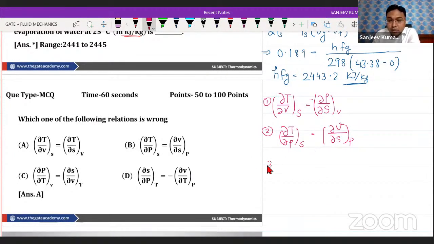Now, third one, what do we have to do? Just take the reciprocal of this particular ratio. Dou T by dou P, so I will write dou P by dou T. Third and fourth are relations between only pressure, temperature, and volume on the left hand side. So just interchange this. Dou P by dou T, you write it down. So pressure, temperature, volume is there.